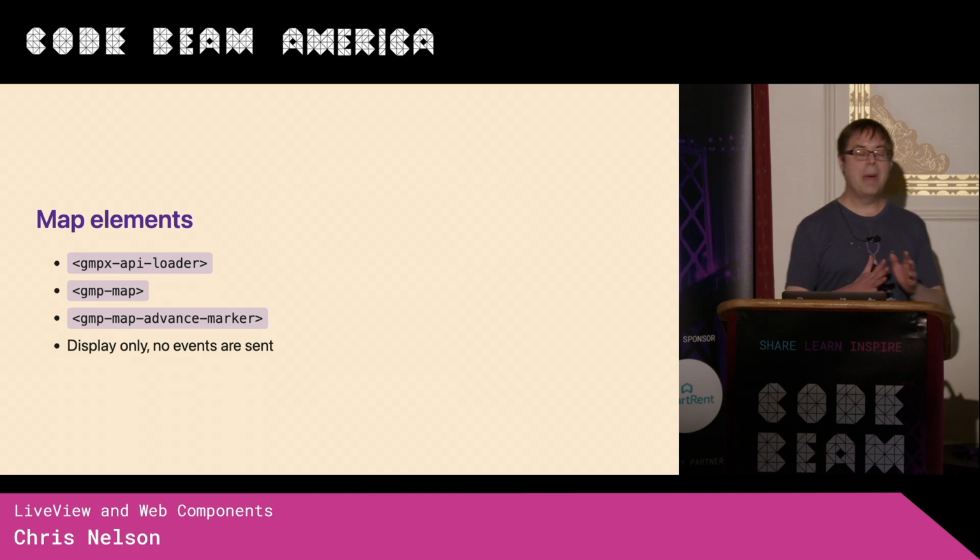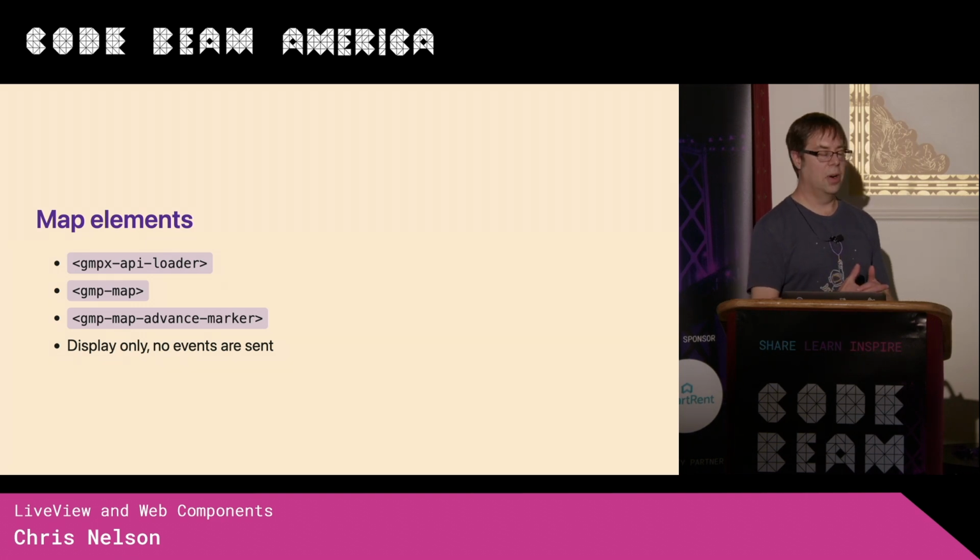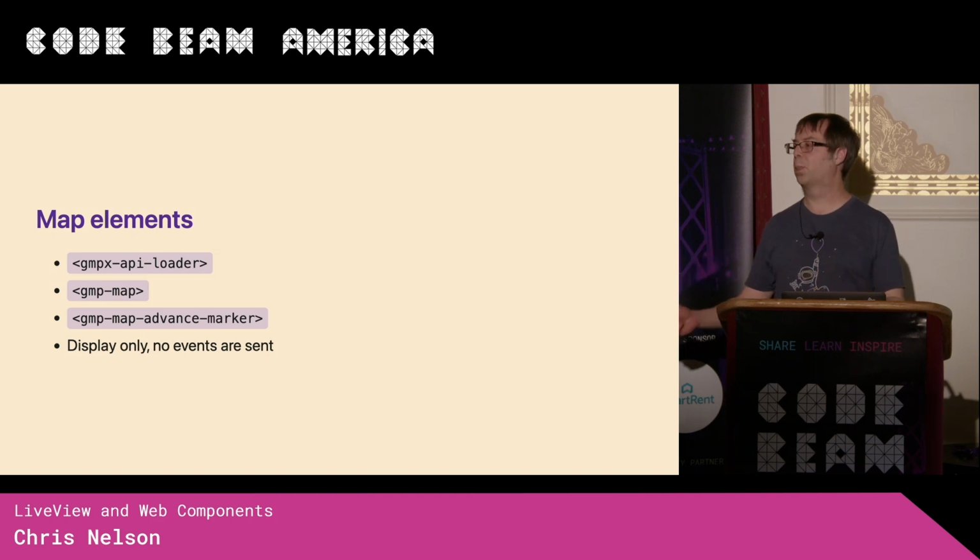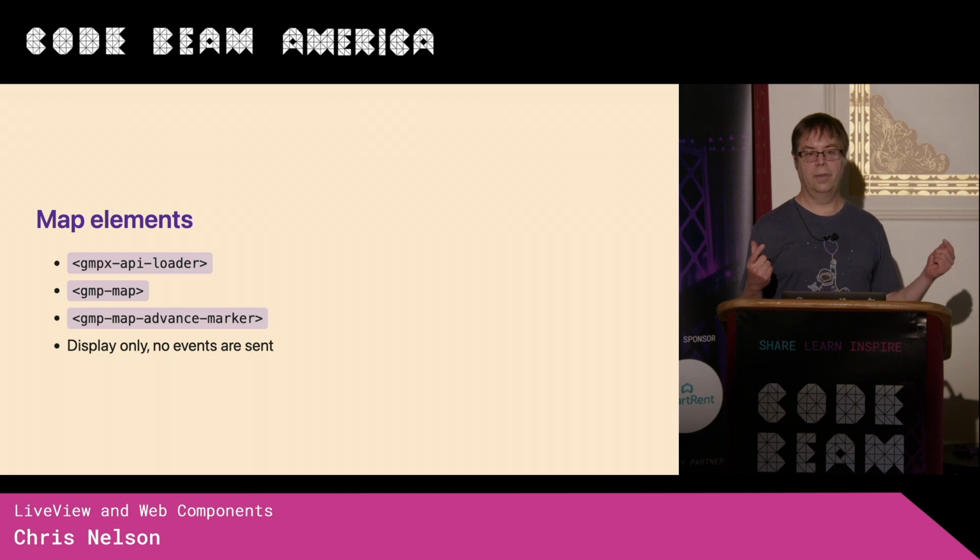Let's talk about the map elements next. There are several of them on this example application, none of which I created. So this is an example of just using out-of-the-box custom elements provided by another source. In this case, these are custom elements that Google created for us.